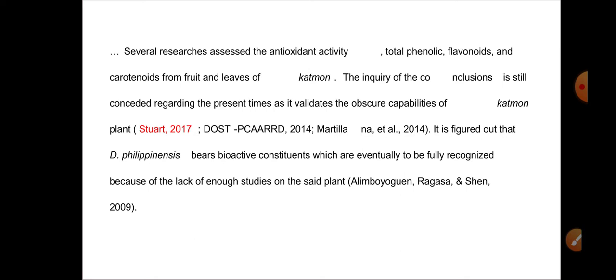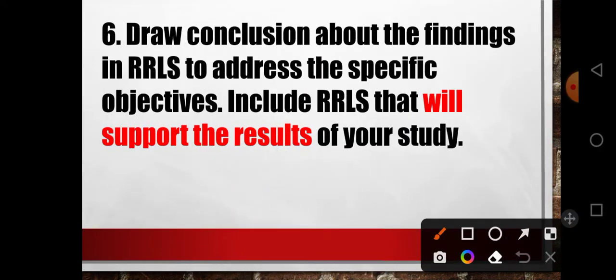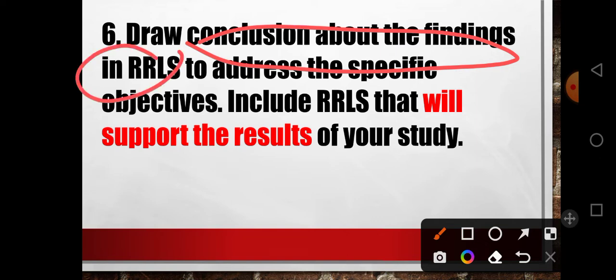That is why by using RRLS, we can draw conclusions from our findings. This RRLS will support the results of your study. So that is one of the importance of writing the RRLS. It will support the conclusion and the findings in your results and discussion.